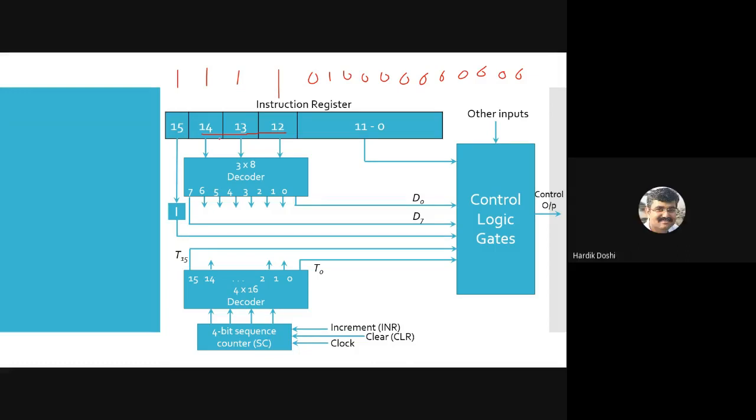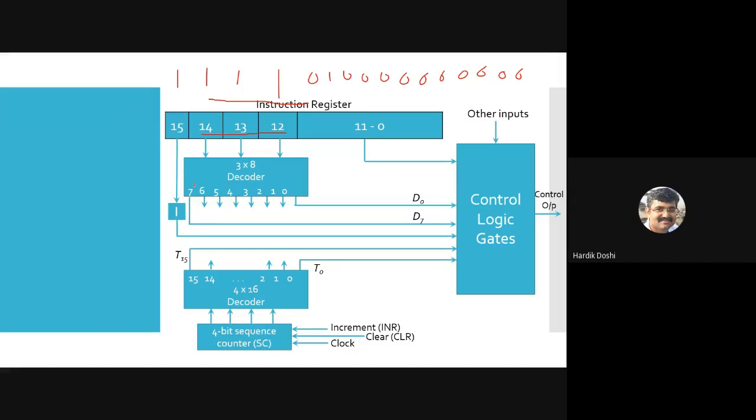Yes, sir. What will be the output of this decoder in this case? Which line will be 1? I is 1. No, I'm talking about the decoder. Which line will it be? D7.